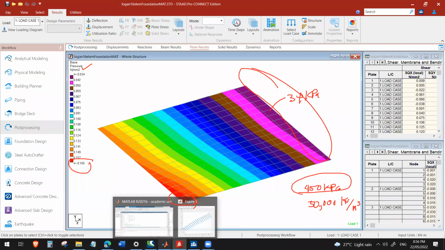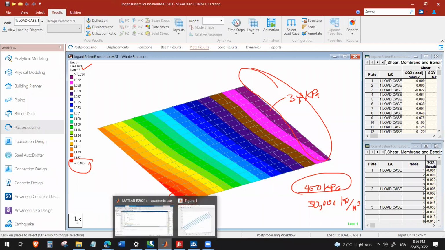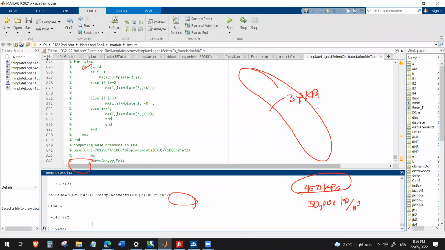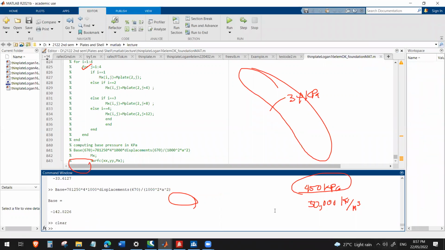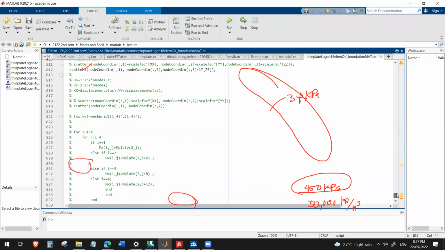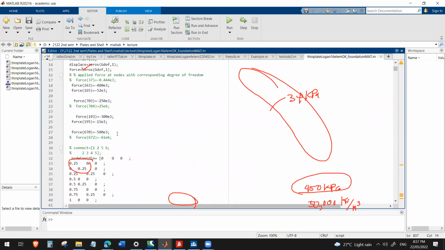Now, let's proceed with our Matlab code. So this is now the Matlab code. It's the same, except that we now have new forces.